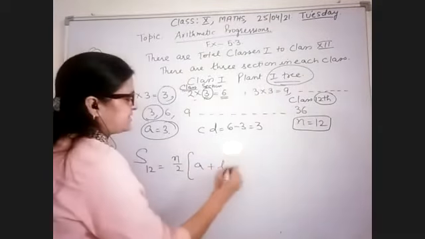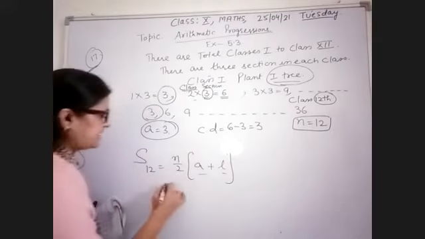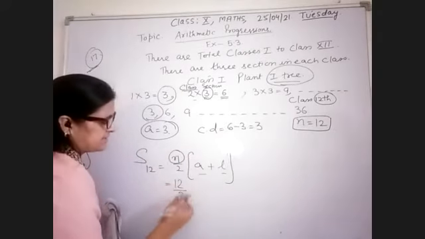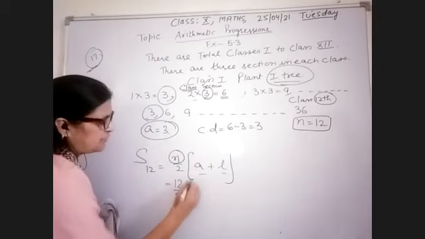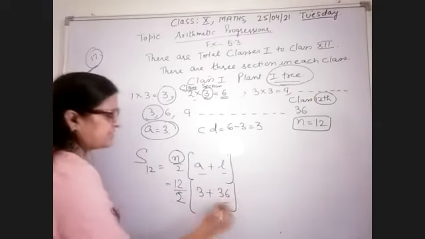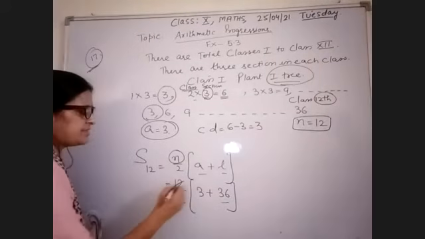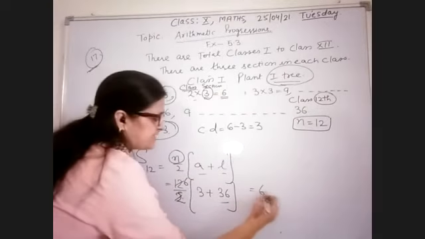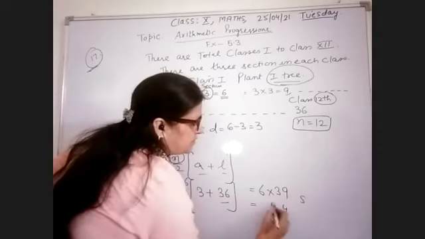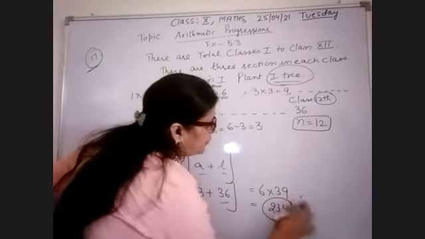So I am using this method, a plus l. n is given here 12 because there are 12 classes. 12 upon 2, the first term is 3, and the last term is 36. 2 sixes are 12. So 6 into 39, that is equal to 234 plants.